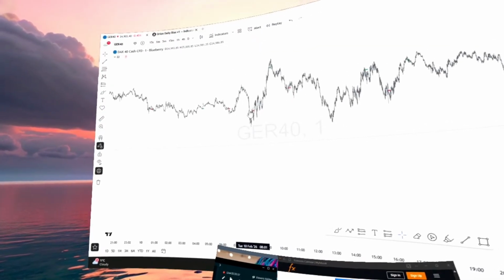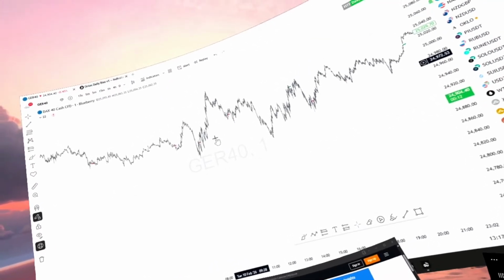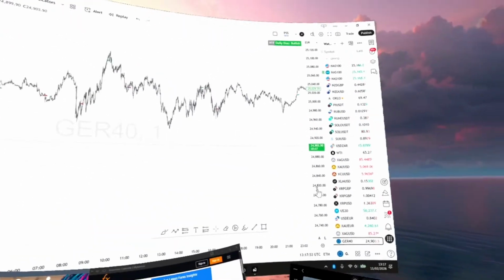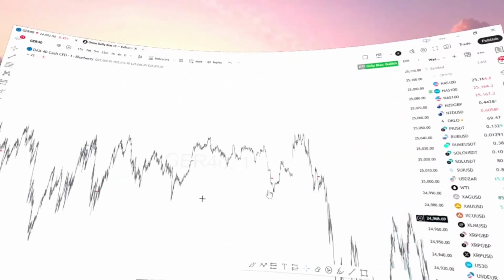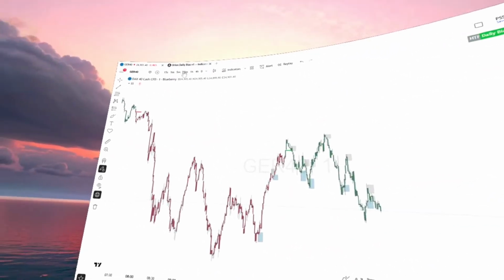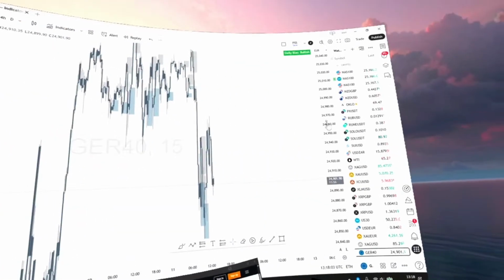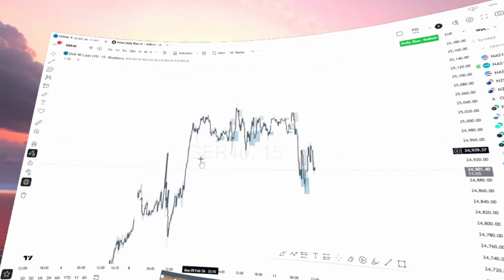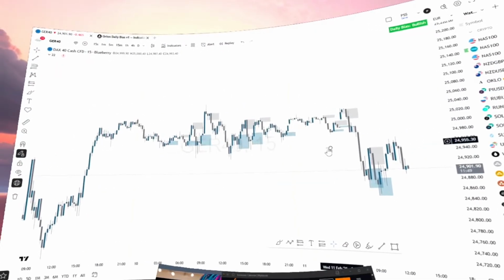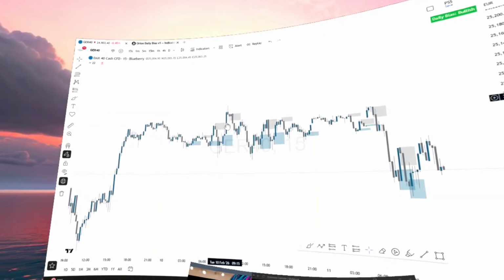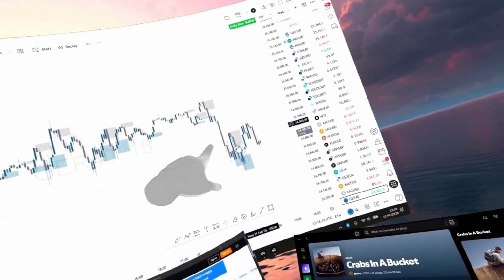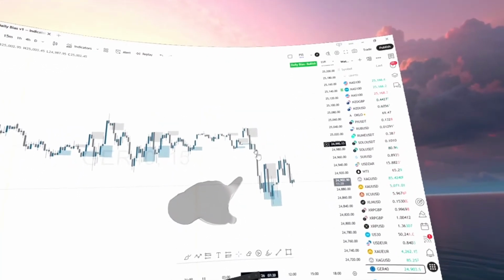Let me get higher. Doesn't look like these settings are that optimal on this pair, to be honest, but have a look and see what we're actually seeing with our trading system. So at the moment, this high was ran, this becomes your low point, the low was taken out. So because this low is taken out, price action is moving down.